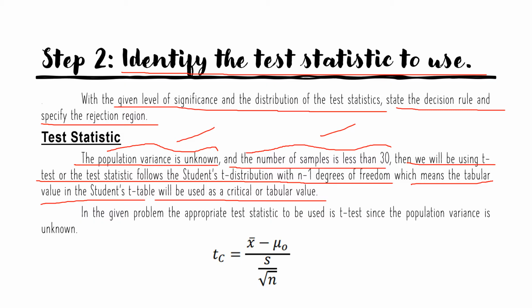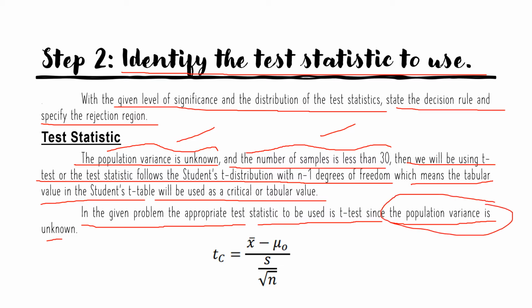So we need to satisfy these two conditions. In the given problem, the appropriate test statistic to be used is t-test since the population variance is unknown. So since the population variance is unknown, we can arrive that your t-test is the most appropriate test statistic.